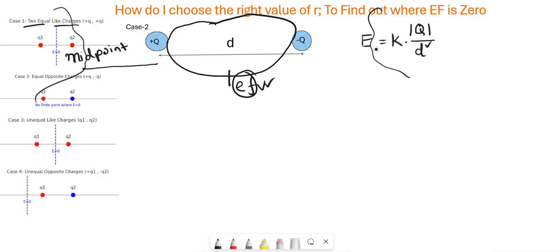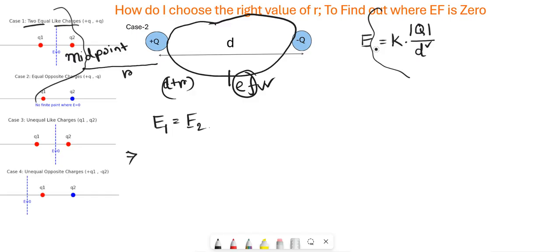From Q1 this distance is R, and obviously from Q2 it will be D plus R, because this is the total D and R. Where the electric field is 0, it means E1 equals E2.